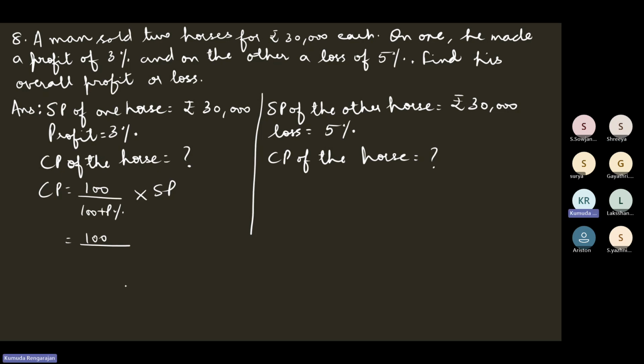So in case of a profit, should the cost price be less than or more than the selling price? Less than the selling price, ma'am. Yeah. So when it's a profit, the cost price must be less than the selling price. So Gayatri, if you got more than 30,000, I think you must check your calculation.